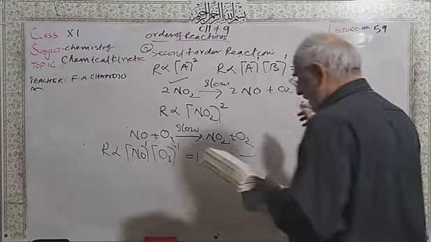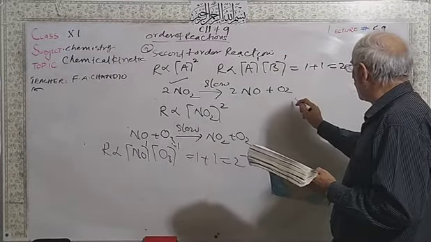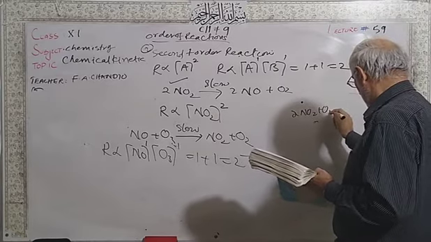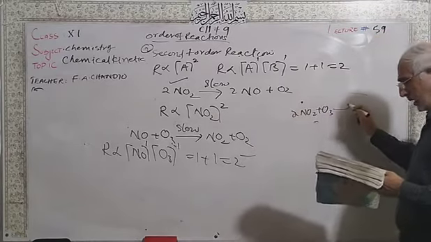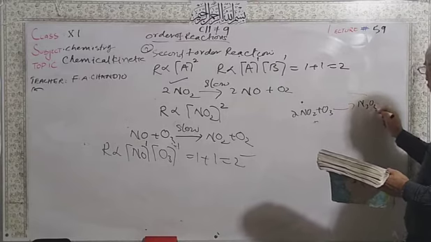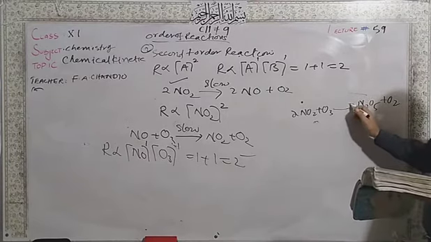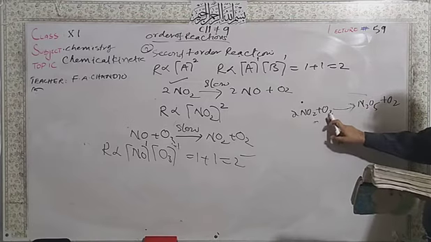But in the other case, if you have 2 moles of nitrogen dioxide and ozone gas, you will get N2O5 and oxygen gas. This is not first step completion because 2 moles are here and 1 mole is here.